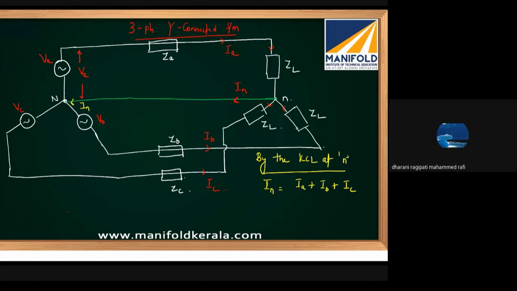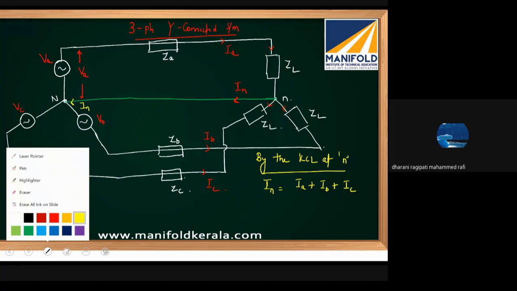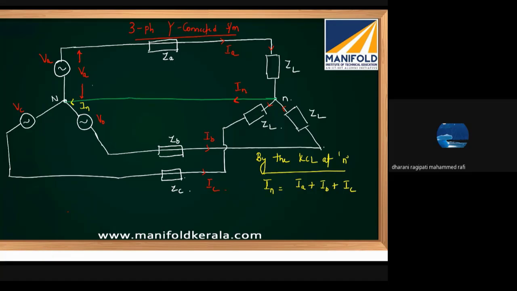Now, how do the currents circulate in every phase? The currents, hypothetically, will circulate. The A phase current will flow in this fashion. It is a closed path in itself. Similarly, the B phase will have its closed path and C phase will have its closed path.